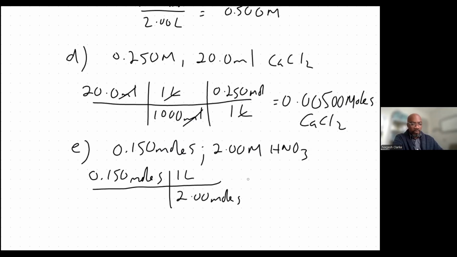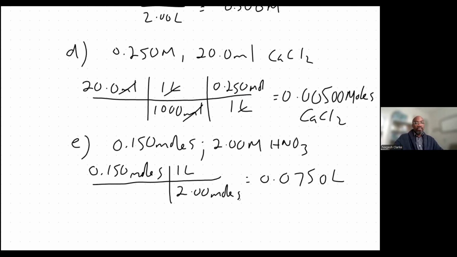It's 0.150 divided by 2, which is 0.0750 liters, which is 75.0 milliliters.